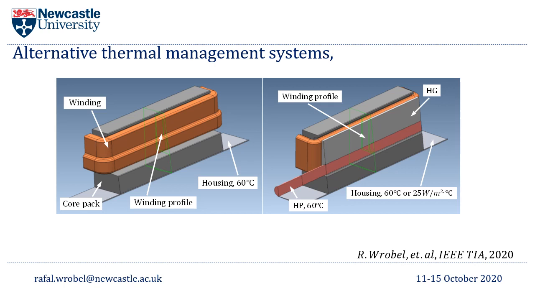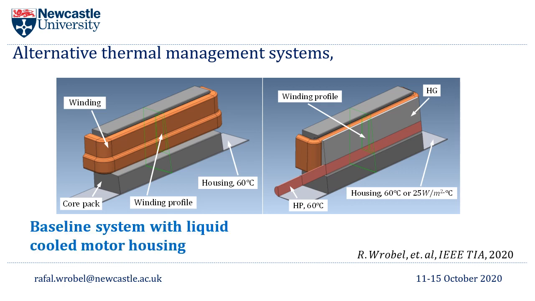Two alternative thermal management systems were investigated. As a baseline for that investigation, a typical arrangement when it comes to a stator housing was used. So we have a tooth wound coil on the stator core pack, which is then interfaced with actively cooled housing.